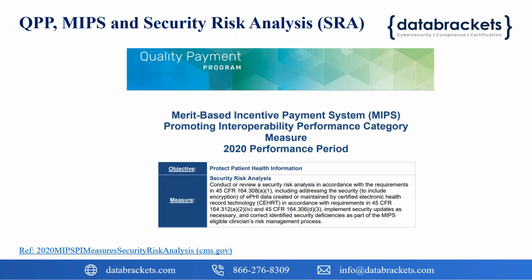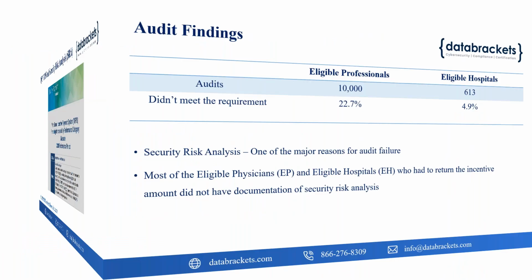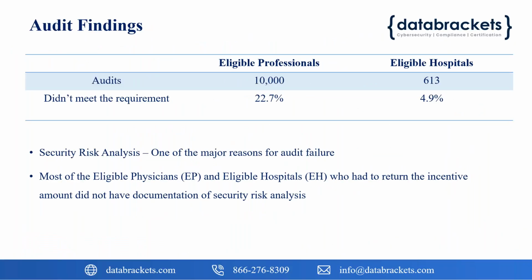Unless you get audited by the OCR and other agencies or the state agency, you don't need to attest every year by going into a portal. Whereas for the MIPS program, they have made this a mandatory requirement. Right. Let's look at why we are talking about this topic today.